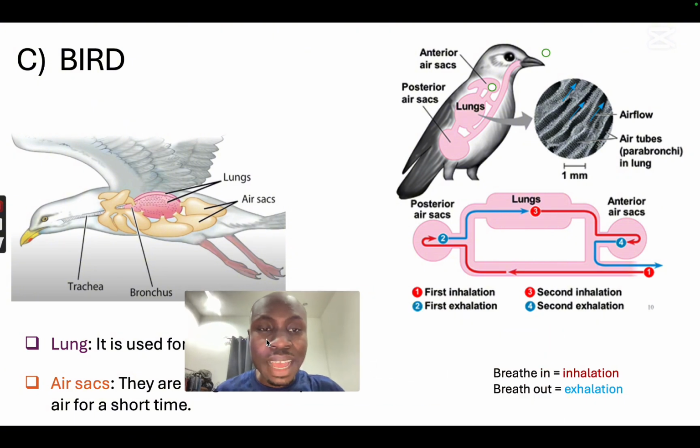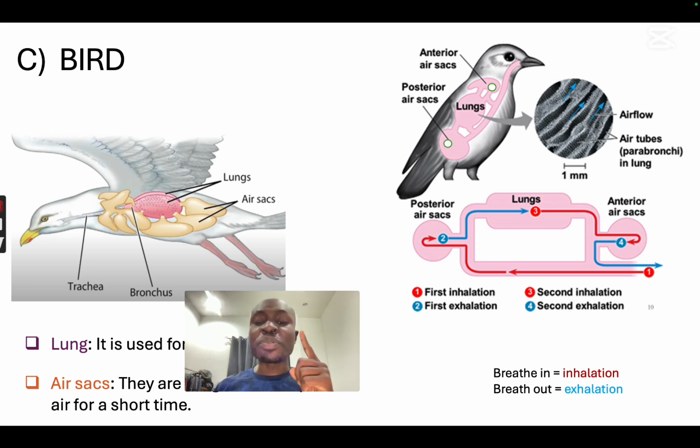Now, let's look at how birds breathe in and breathe out. For example, this green circle will be the air. In the first breathe in, or inhalation, the air will go into the air sac at the back of the body, which is called the posterior air sac. This is the first breathe in.